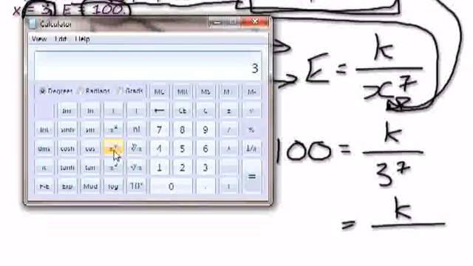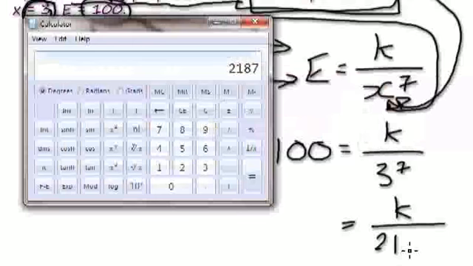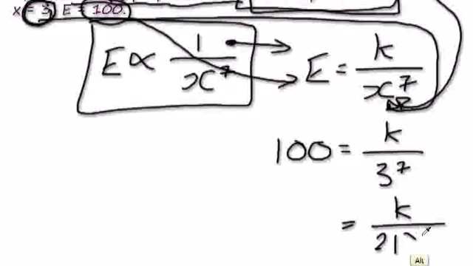On my calculator, it's this button here, to the power of 7. Now, if you don't know how to do 3 to the power of 7 on your calculator, get an adult to help you. But figure out a way of doing it. So it will be 2187 here. Yep, so this would be 100 here.